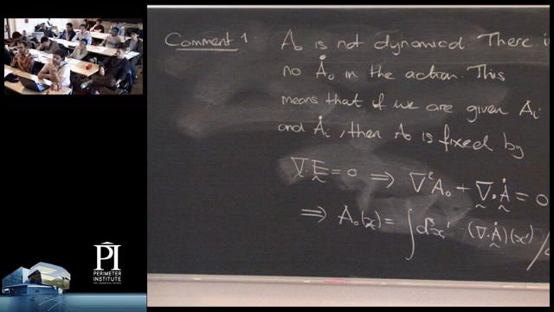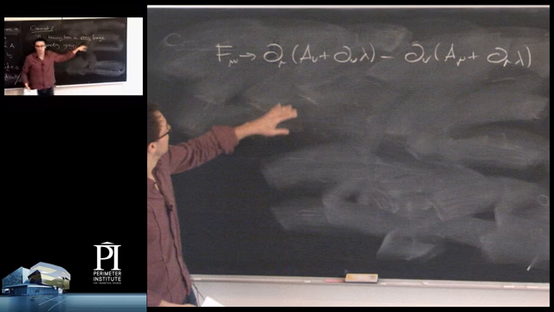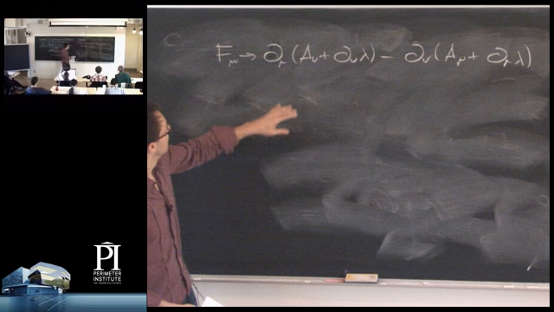So I'm going to take some time going slowly over this. So the observation is the following. It's that the theory has a very large symmetry. And I mean very large symmetry. And the symmetries are of the following form.